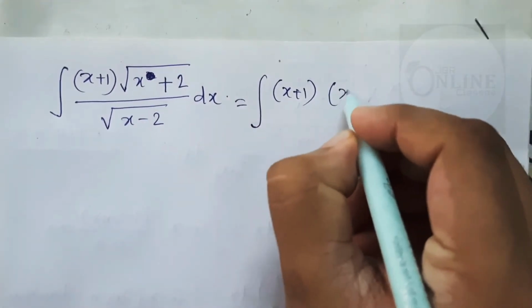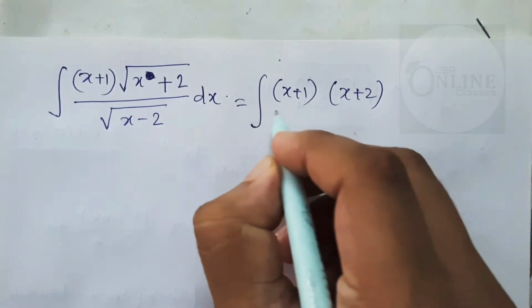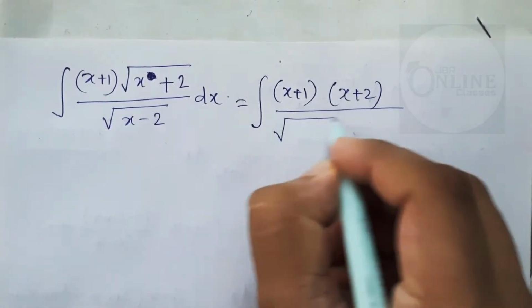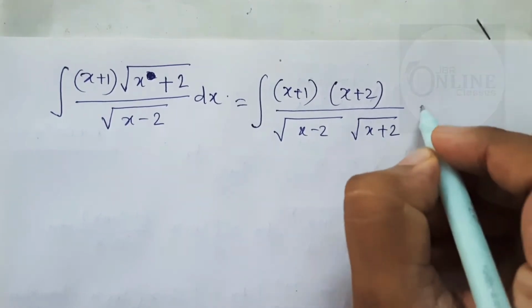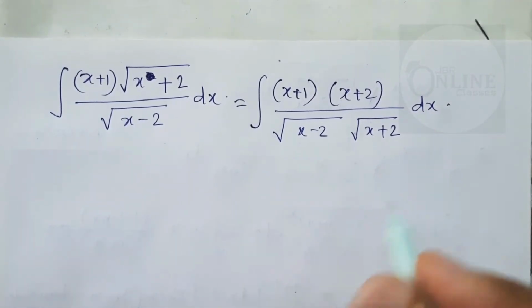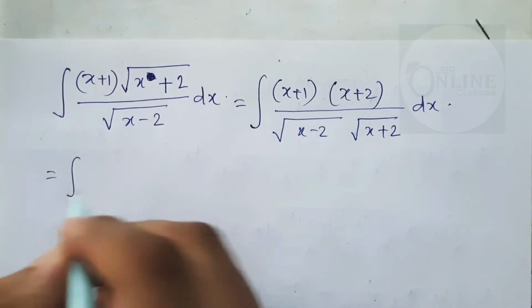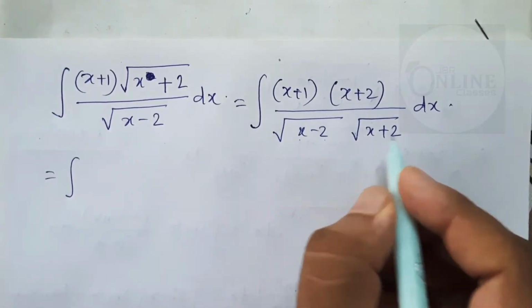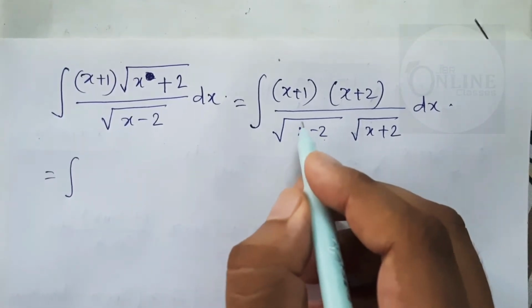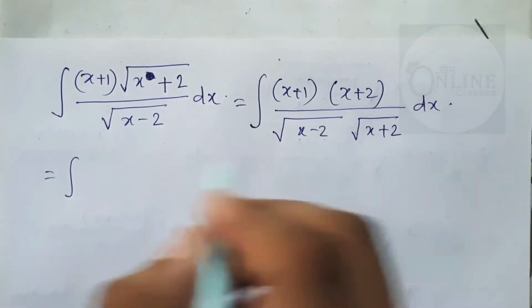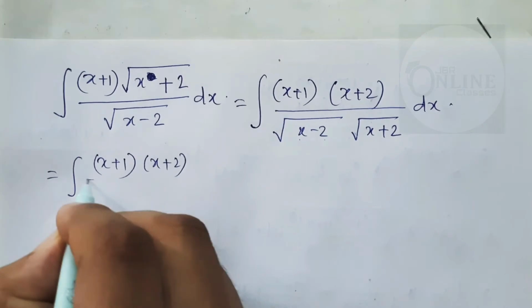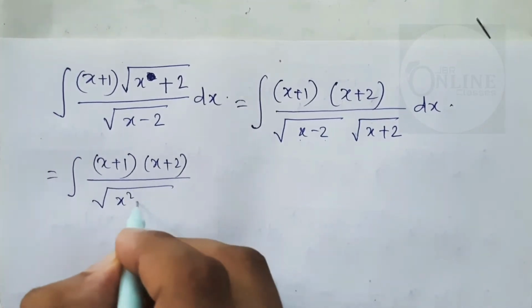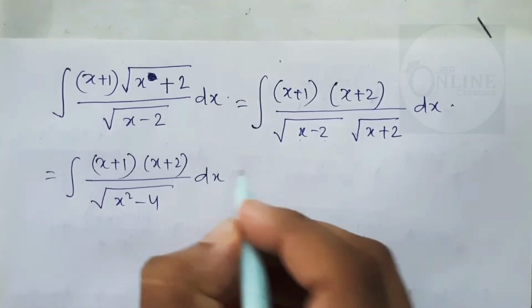So x plus 2 I can directly write, and the denominator is root over x minus 2 times root over x plus 2, dx. Now this is going to be a minus b, a plus b, so it is going to be x square minus 4. So x plus 1, x plus 2 over root over x square minus 4 dx.